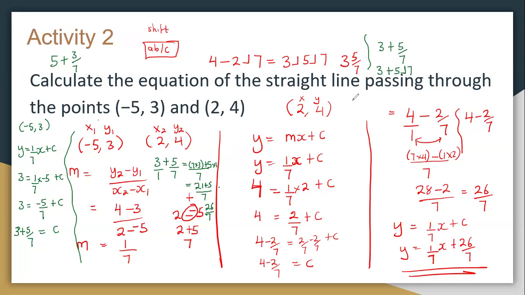Then what if I continue and say that answer? What's the best answer? And you say your answer is 7y is equal to x plus 26. Okay. The best answer I can go with is this one, because it is written exactly in the form of y is equal to mx plus c. All right.